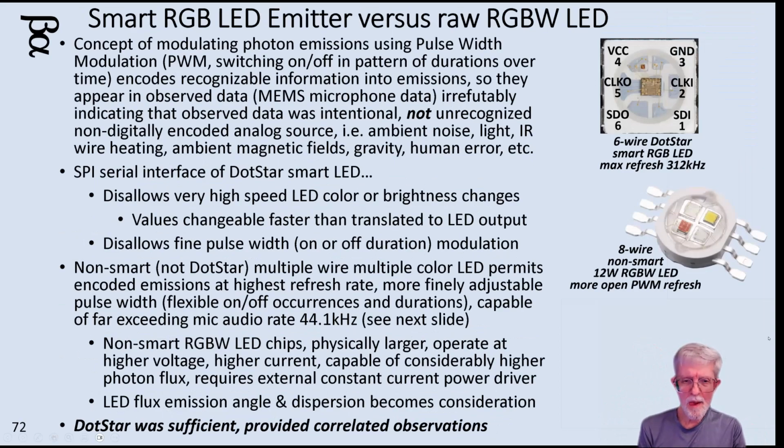And then the LED, I could change it from being a DotStar to being a dumb LED that I drove directly, where I would have individual wire controls over the red, green, blue, and white chips. This actually has 4 chips inside the device, 1 for each color, red, green, and blue, and 1 for white.